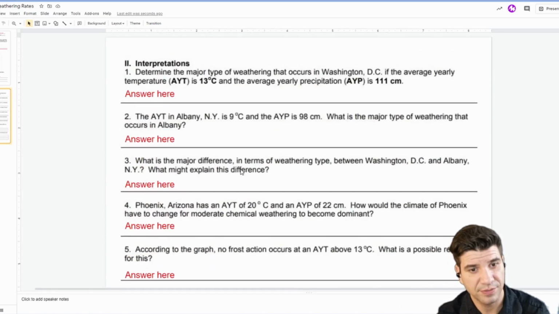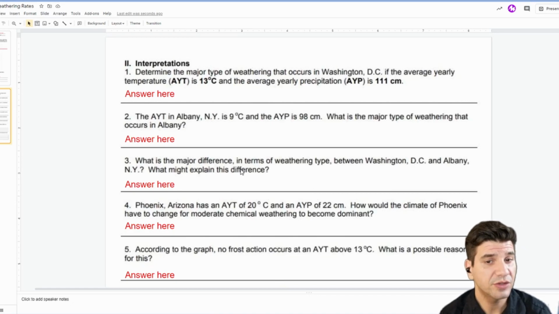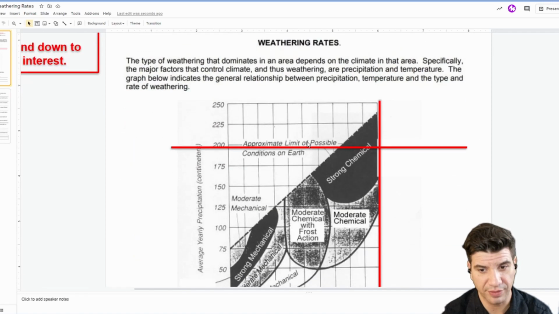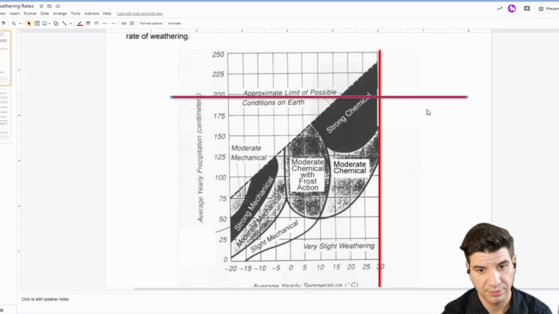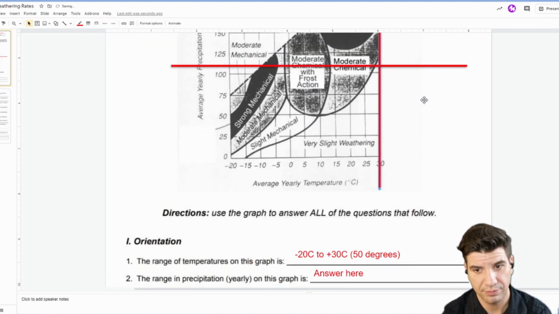Let's go to the next page. Question 1. Determine the major type of weathering that occurs in Washington, D.C. if the average yearly temperature is 13 Celsius and the average yearly precipitation is 111. So 13 and 111.